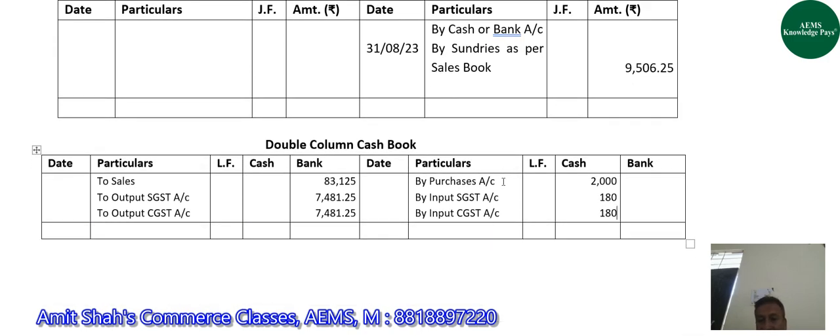I hope guys you're getting this, right? So this is how we have journalized these two transactions of sales and purchase in double column cash book.